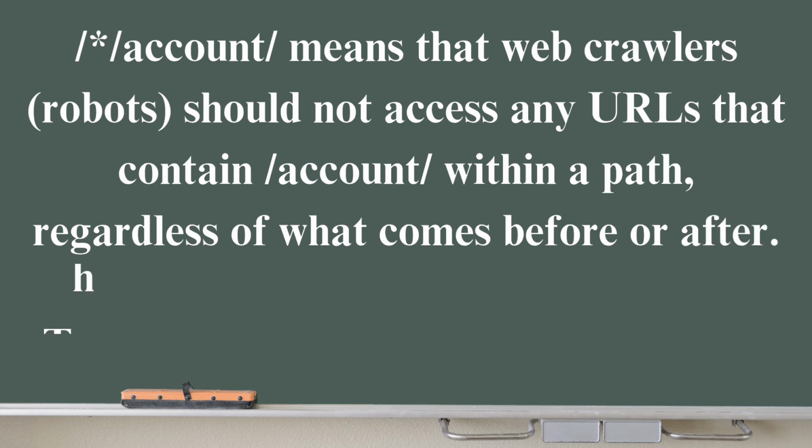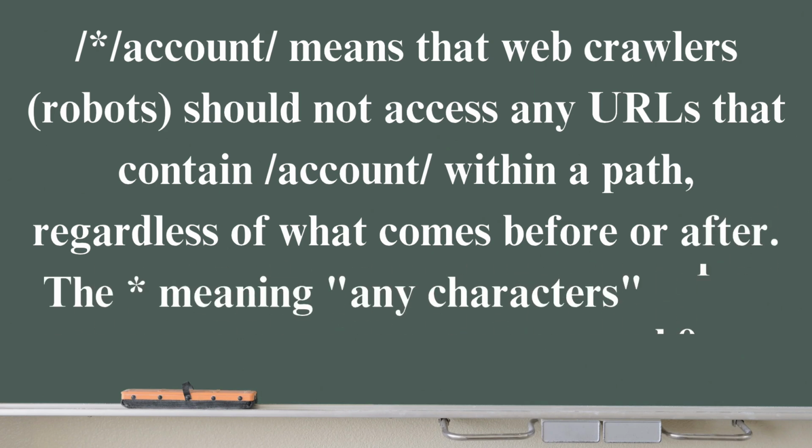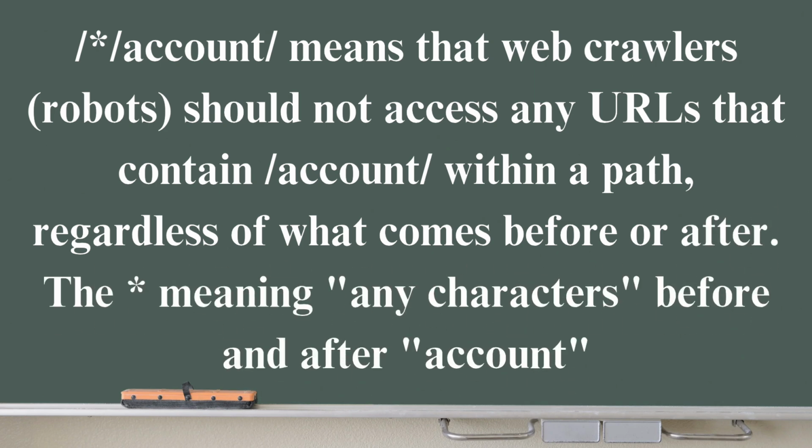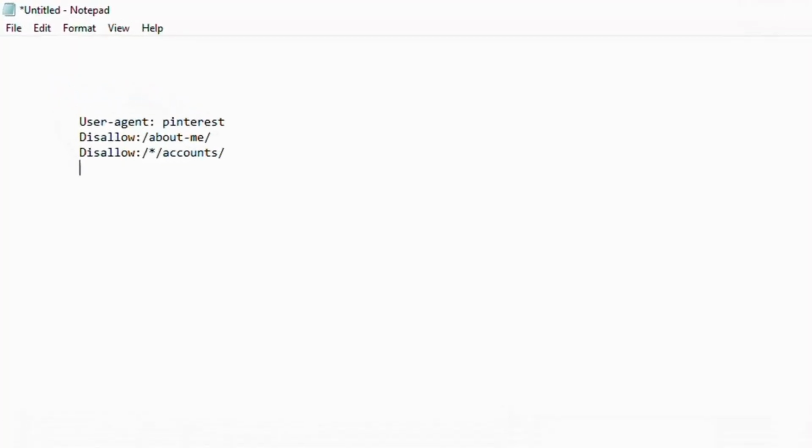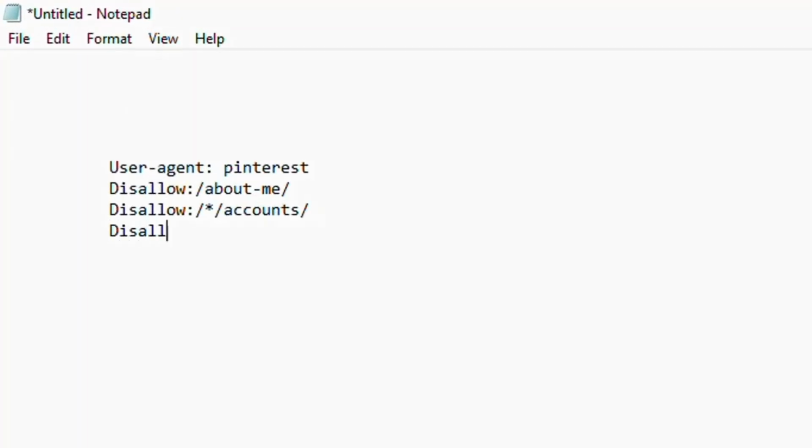The asterisk means any characters before and after account, according to the search results. Right now we can write this like this: disallow colon slash asterisk slash account slash.